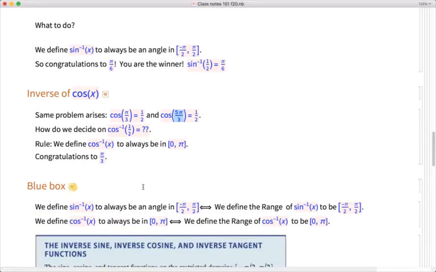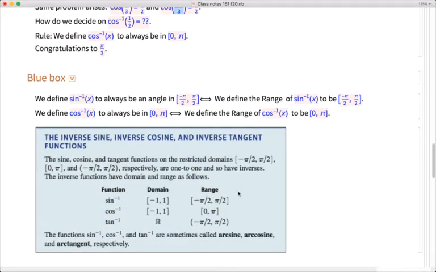Okay, so this whole discussion is trying to motivate this blue box, which to my way of thinking just kind of gets dropped as a bombshell at the very start of the section without a lot of explanation. But this idea that we're going to define the inverse sine to always be in this interval is exactly what's in this blue box.